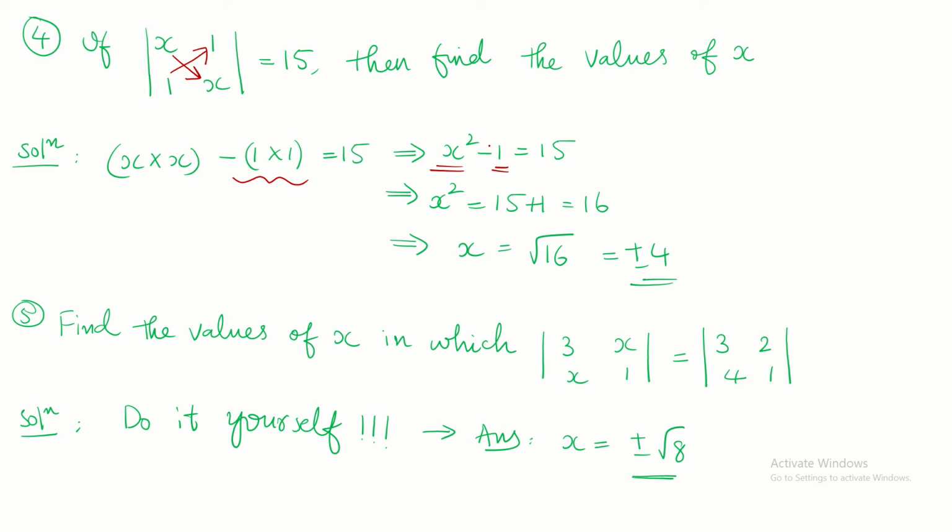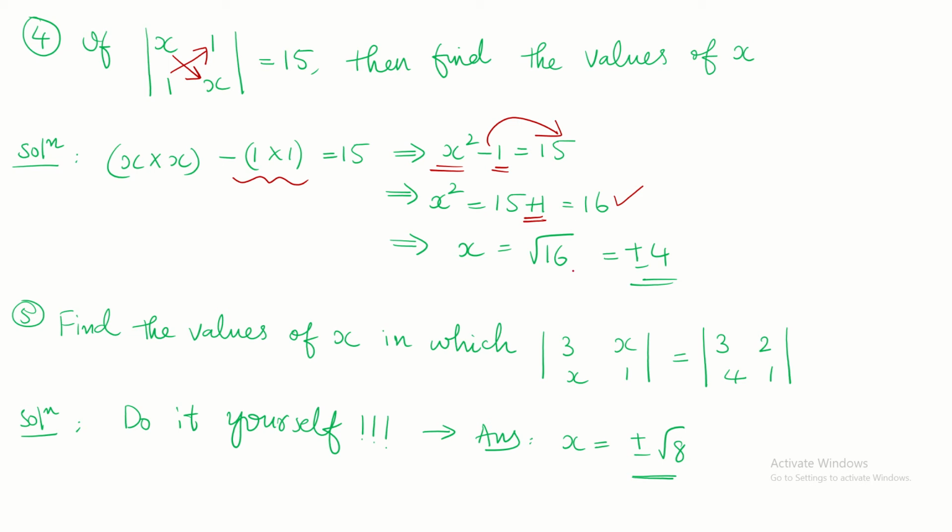X square minus 1, when it comes to the right side, is plus 1. So 15 plus 1 is 16. So x square is equal to 16. If I want only x, I have to remove this square. So I'll take the square root to the right side. So x equals square root of 16.